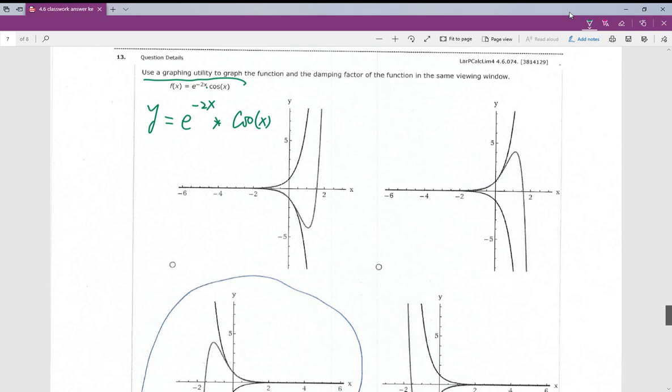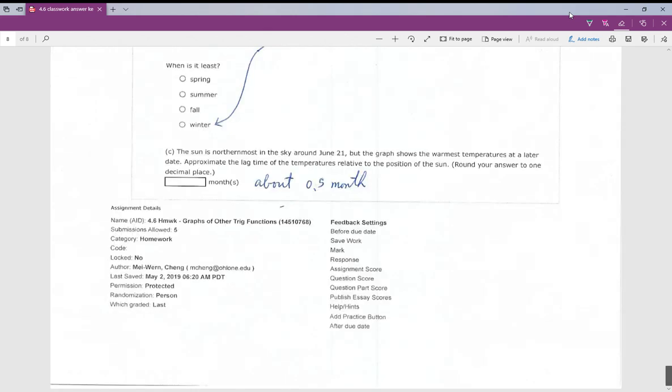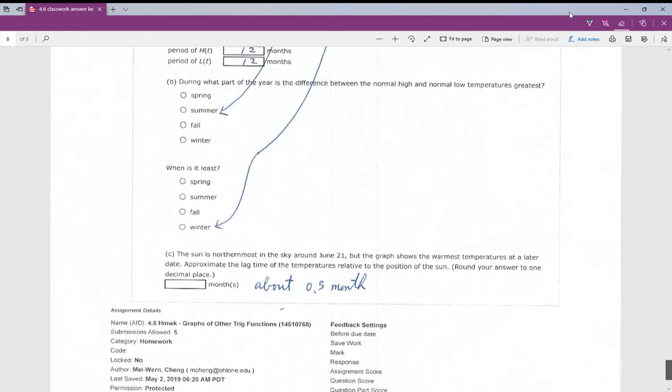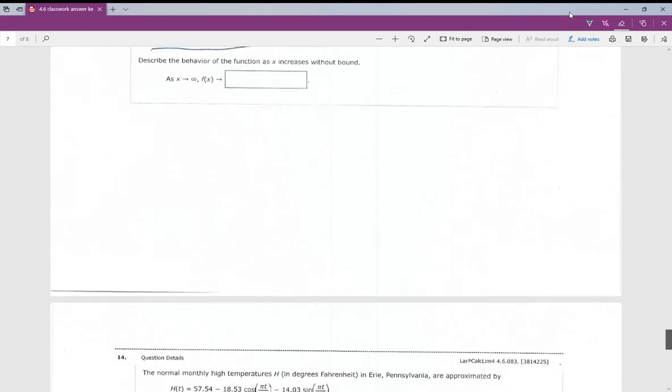If you want to learn how to graph by hand, it's really fun. You talk to me, I try to teach you, okay? So the basic idea is that the cosine function is between 1 and negative 1, and after you multiply by this exponential function, the whole function graph will be bounded inside.